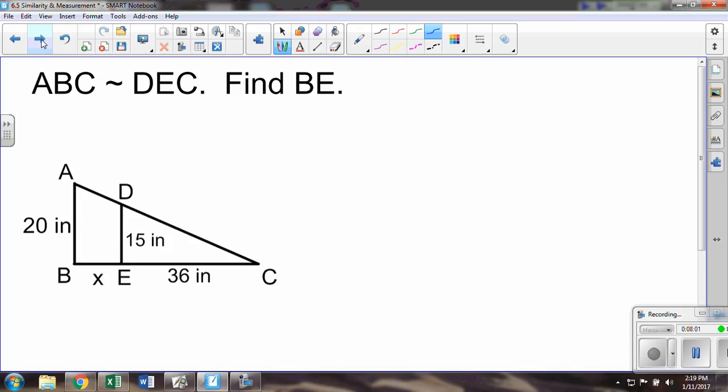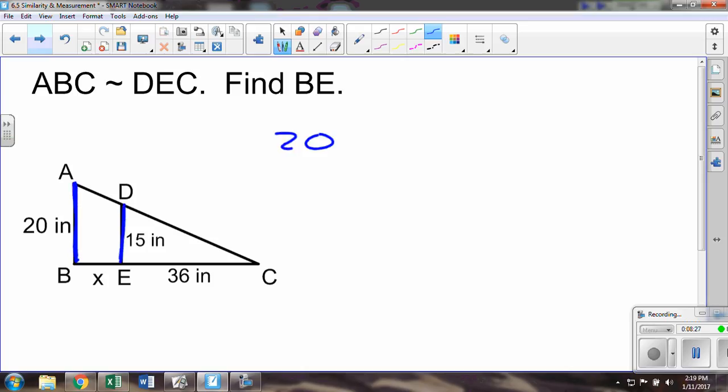What about here? Our last example for the video. Triangle ABC is similar to triangle DEC. Find BE. Well, admittedly, this is kind of a tricky one because when you look at the problem, what a lot of students are going to look at and say, okay, well, we've got this base and it has to match the base.